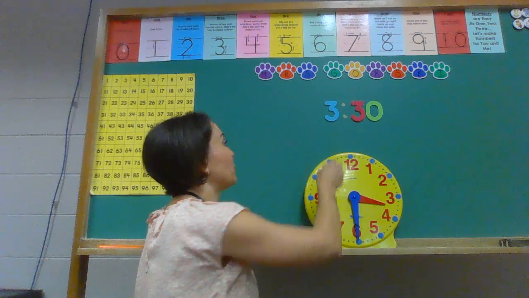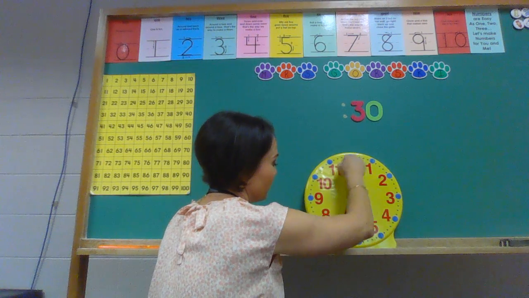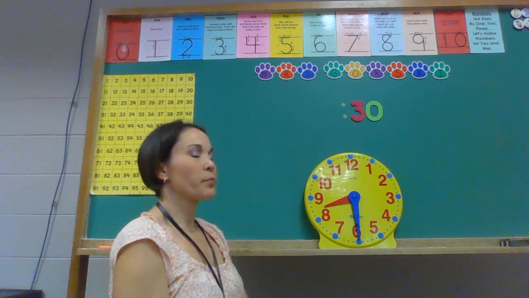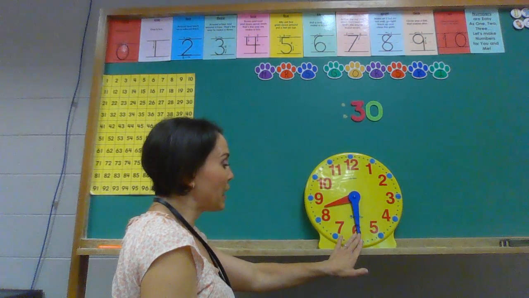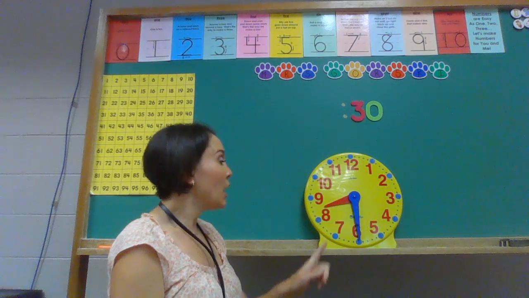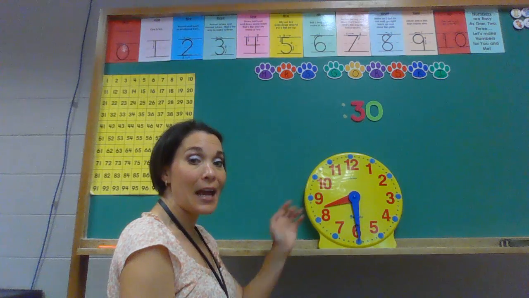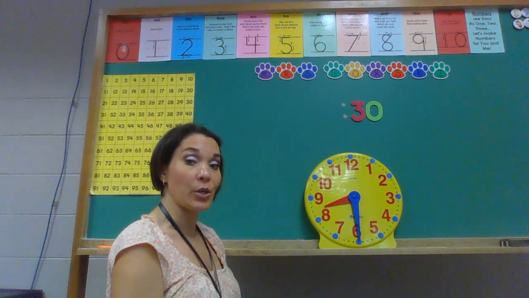Let's try one more. All right, here we go. One more time. We have our minute hand on the 6. We have our hour hand now in between the 8 and the 9. Which one would you think it is? Would that be 8:30 or 9:30?